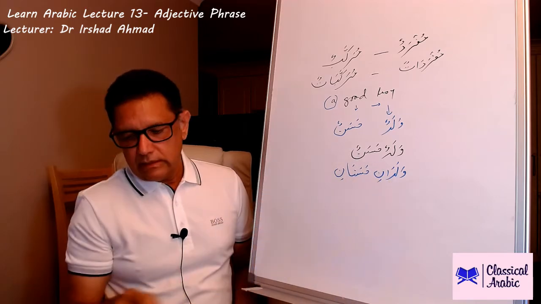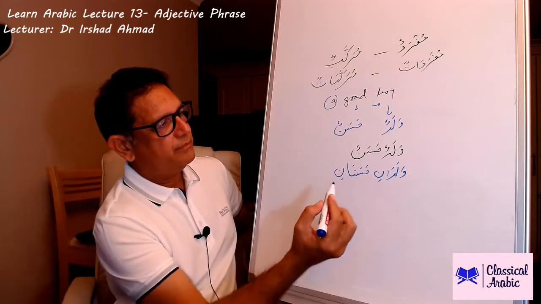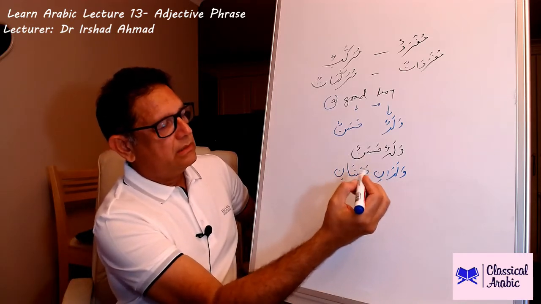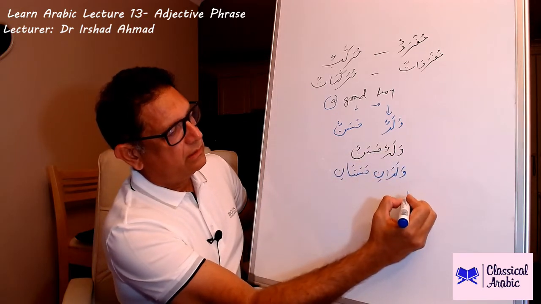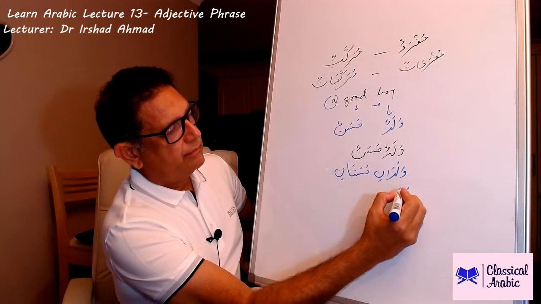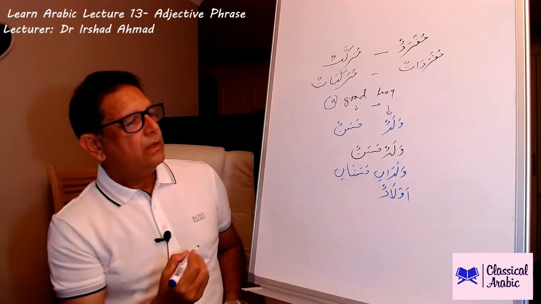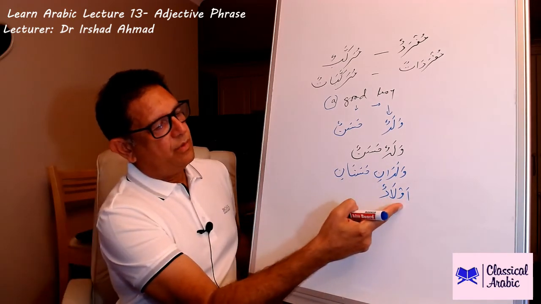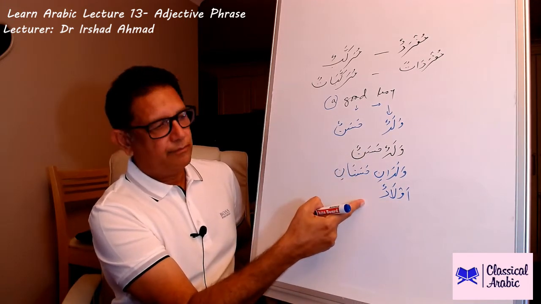Let us make this plural. Plural of waladun is jama mukassar, which is awladun. So now the mawsoof has become plural. Sifa will have to follow.